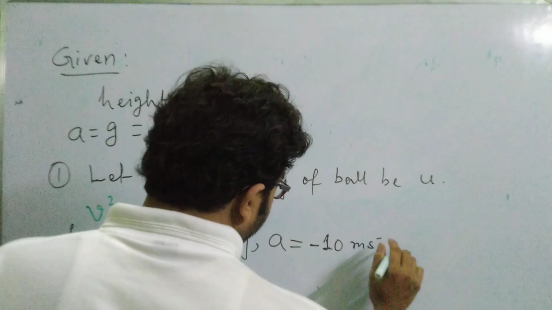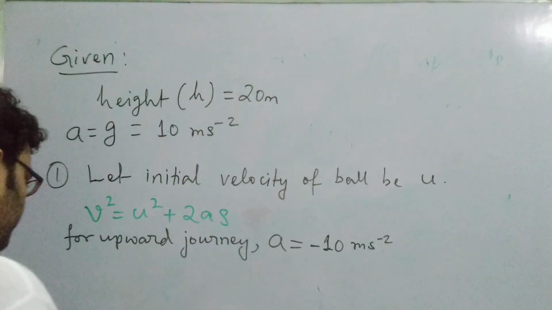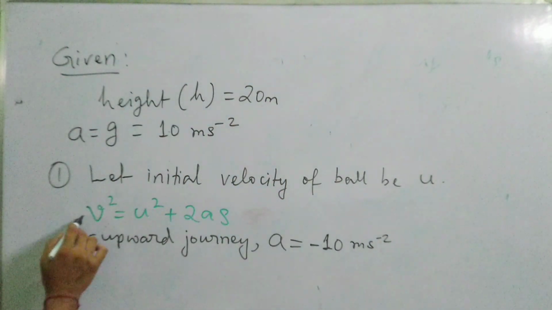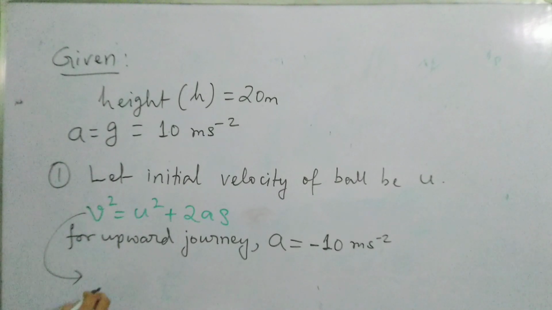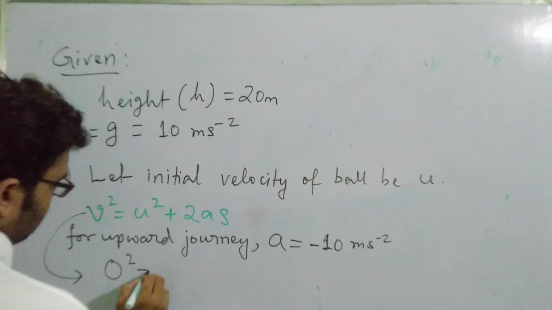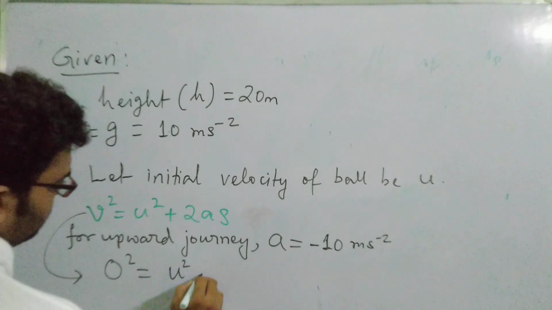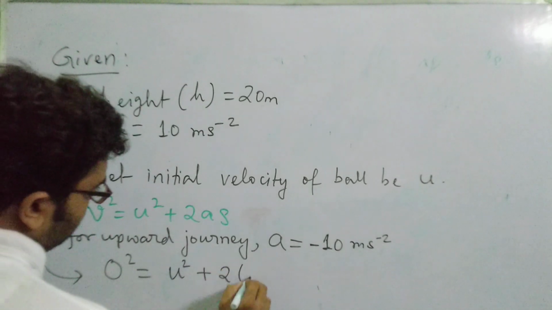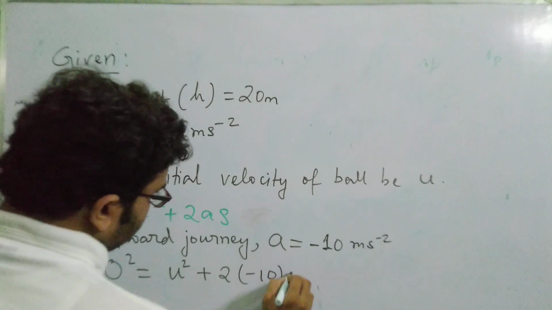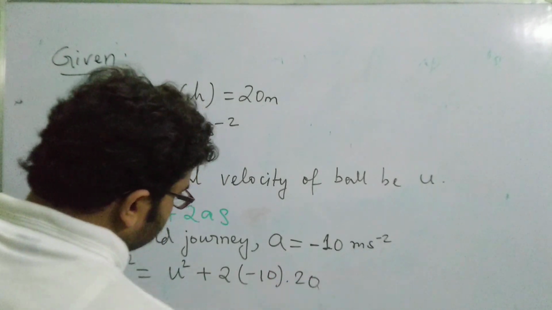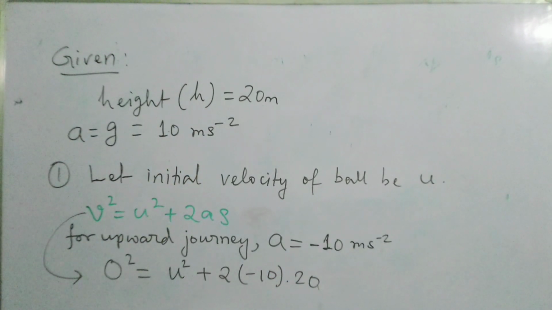So if we put these values here, you can write it like this: 0 square is equal to u square plus 2 into minus 10 into 20. So this can be the equation, isn't it?